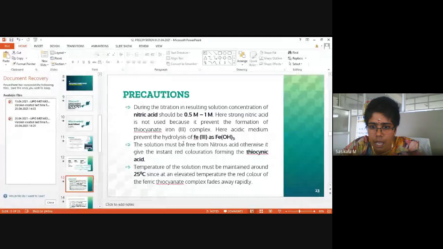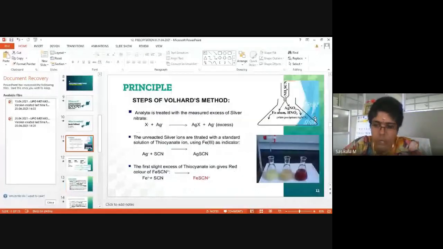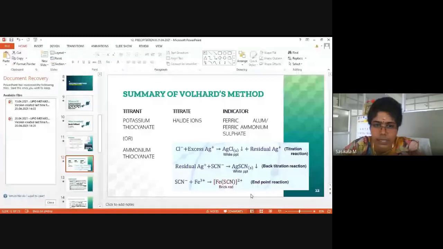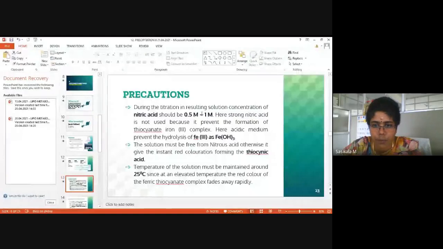To prevent the formation of ferric hydroxide, we maintain an acidic medium during Volhard's method. That is why nitric acid is added throughout the titration. What is the concentration of nitric acid? Between 0.5 molar and 1 molar. Mostly 1 molar is preferred.